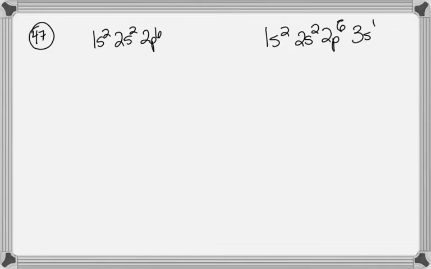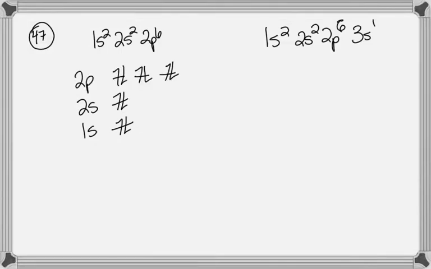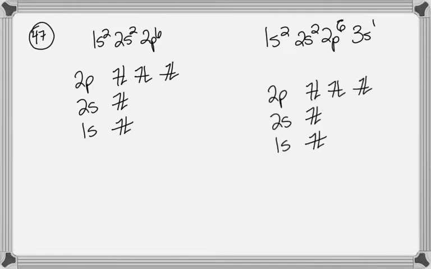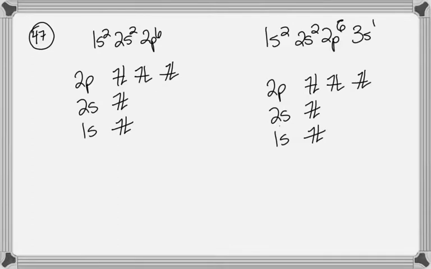So let's think about what this looks like in terms of an electron orbital diagram. The other one looks like this, except it has a 3s1 at the top.